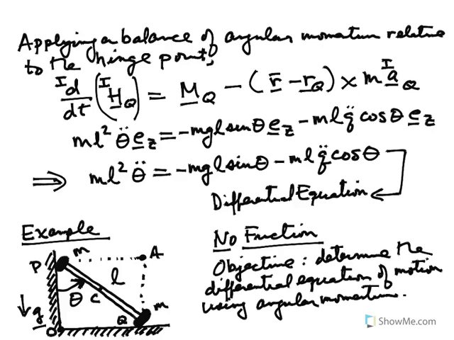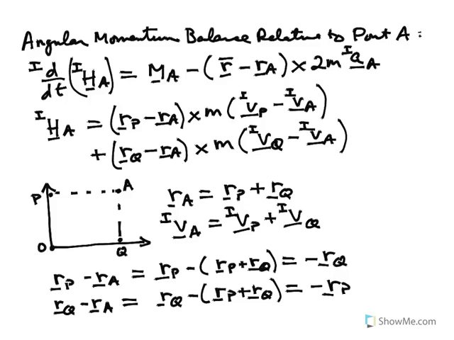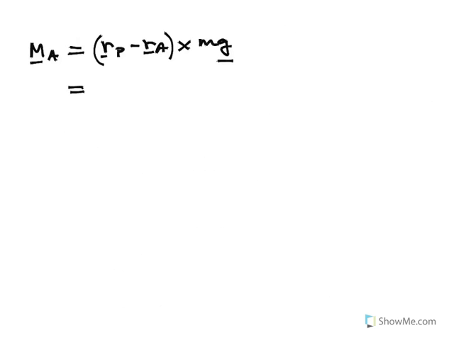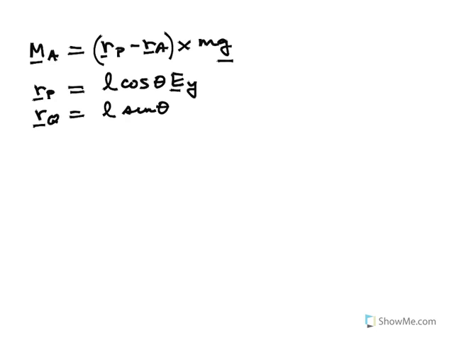RP is equal to L times the cosine of theta times EY. And RA is equal to, what's RA? Well, let's get RQ, because we need that for RA. This is equal to L times the sine of theta times EX.